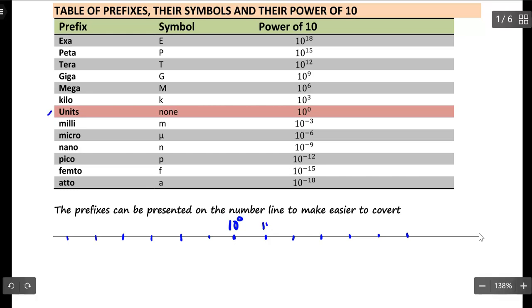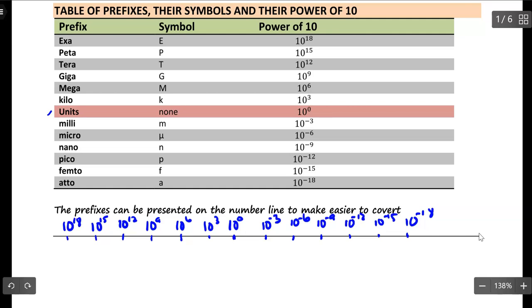And 10 to the negative 3, 10 to the negative 6, 10 to the negative 9, 10 to the negative 12, 10 to the negative 15, 10 to the negative 18. And this side is 10 to the 3, 10 to the 6, to the 9, to the 12, to the 15, and to the 18.